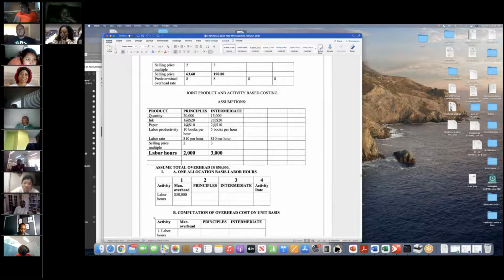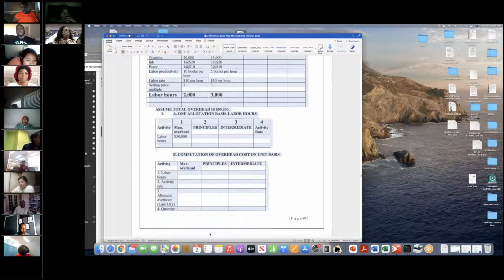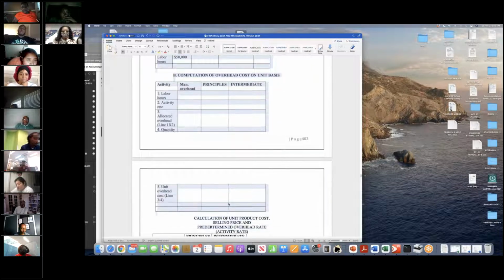This is the way you're teaching it, so following along on this exact template would help. Oh, okay. You all have been saying that. I apologize. If I give you a template, it won't be any problem, right? No, it would not. The labor hours are going to be 2,000 and 3,000.